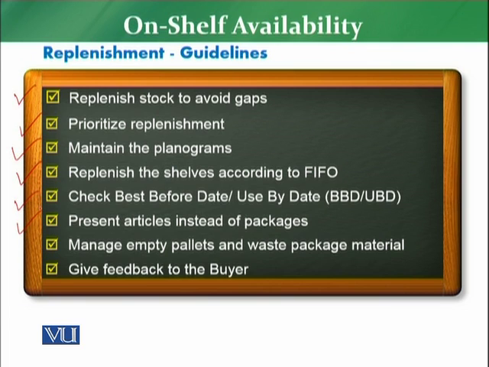Then you have to present articles instead of packages. Once you replenish, present single articles on the shelf so the customer can easily see the product. Then manage empty pallets and waste package materials. Once the products are replenished on the shelf, you have to dispose of the packaging material, for example the cartons.